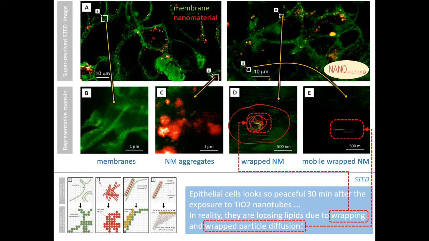They identify the mobile fraction of nanoparticles. So nanomaterial steals membranes from the cells, and can move the material around the system.